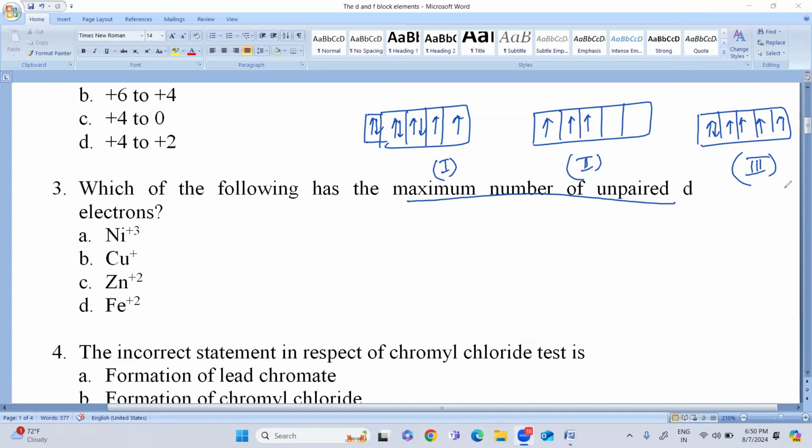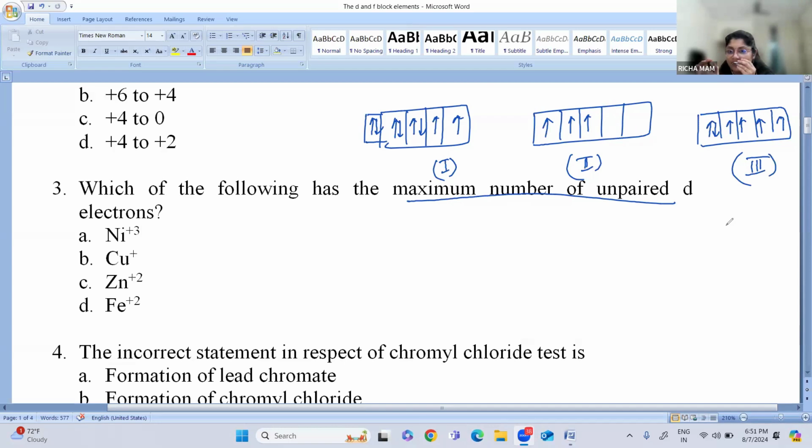Ma'am, in the second, there are more unpaired electrons. Yes, ma'am. There is no unpaired electron. But in the third, there are only 2 paired electrons, the others are not paired. No, I want to know which has the maximum number of unpaired electrons.